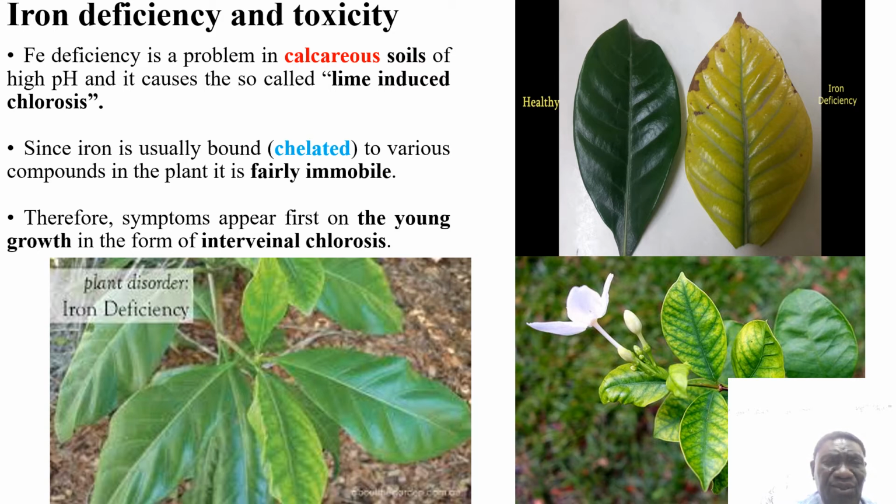Since iron is usually bound, chelated to various compounds in the plant, it is fairly immobile. So we expect to see symptoms on the young leaves, where we see interveinal chlorosis, like what is shown in these pictures.